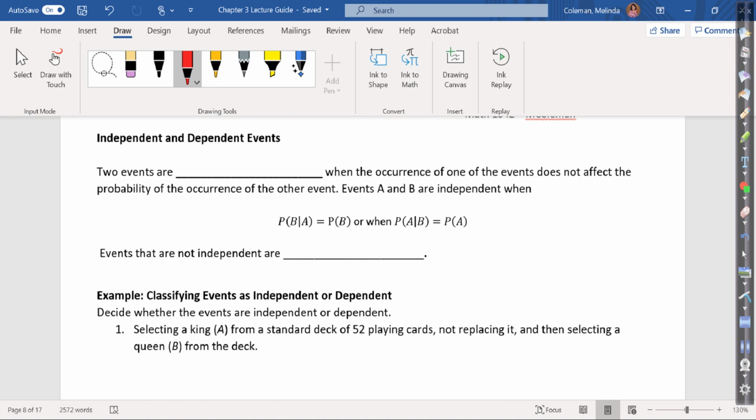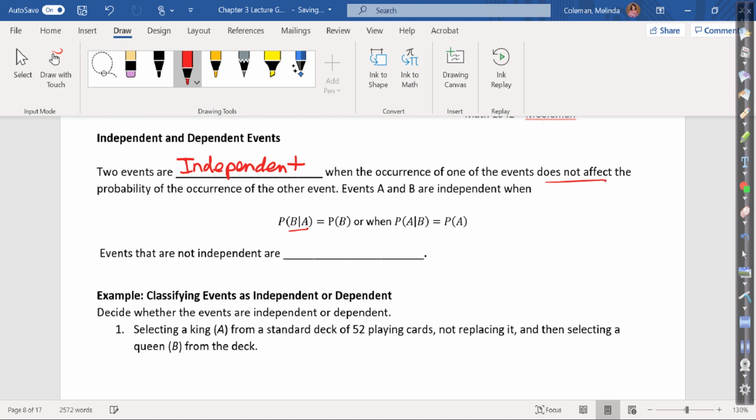Two events are independent when the occurrence of one of the events does not affect the probability of the other event. Events A and B are independent when the probability of B given A is equal to the probability of B alone.